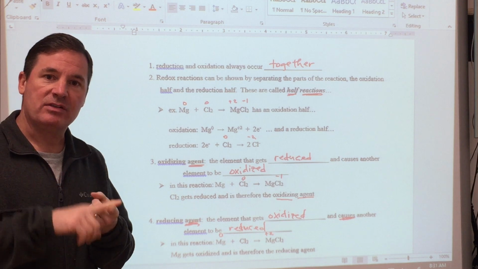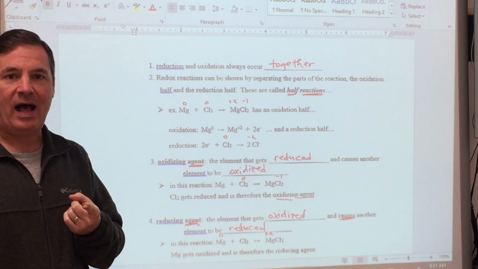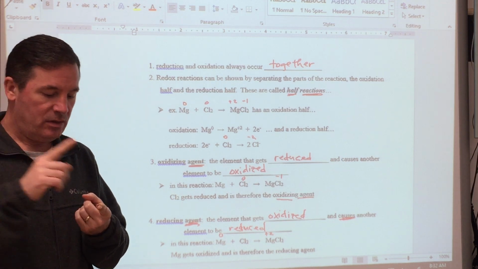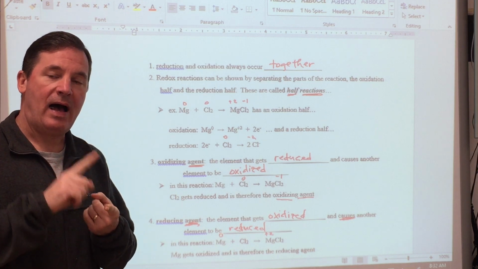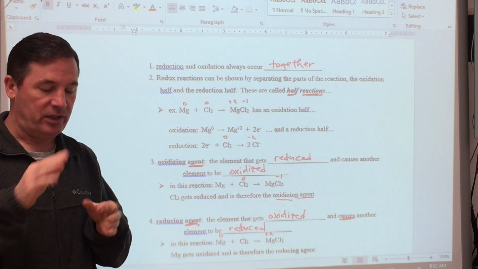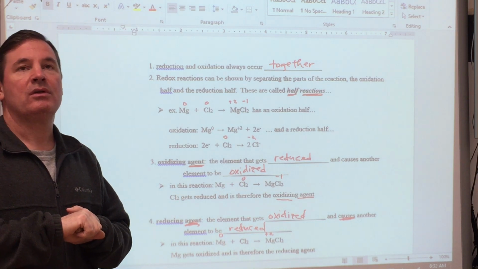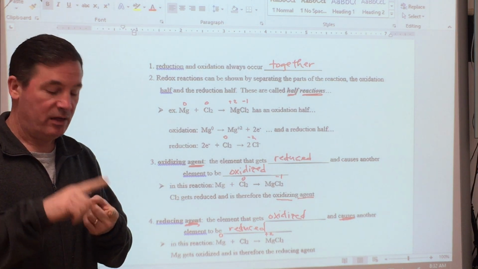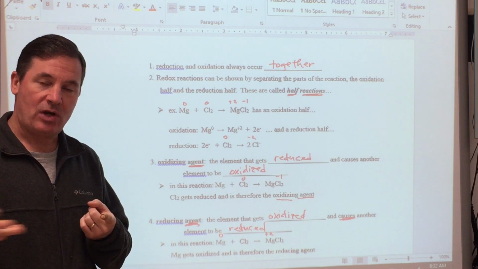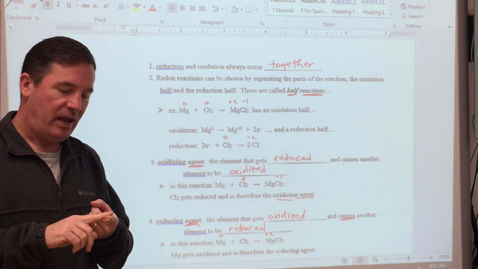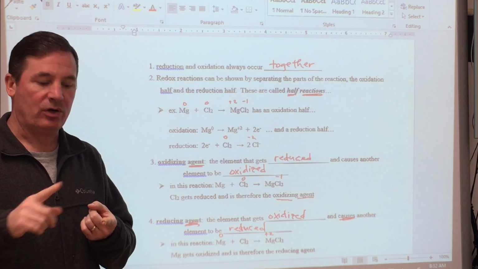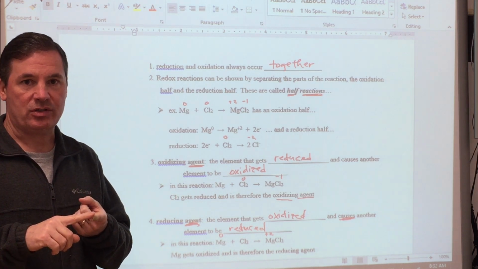The mnemonic for that is LEO, loss of electrons, oxidation. Or it's OIL RIG: oxidation is losing, reduction is gaining, and we're talking about electrons this whole time. And GER, as in LEO GER, gaining electrons is reduction.